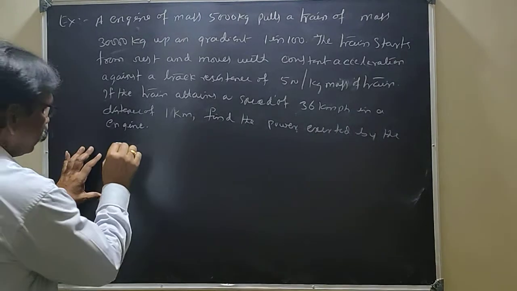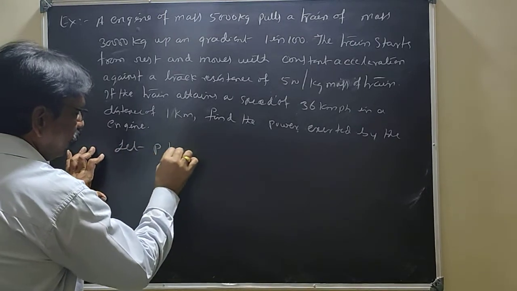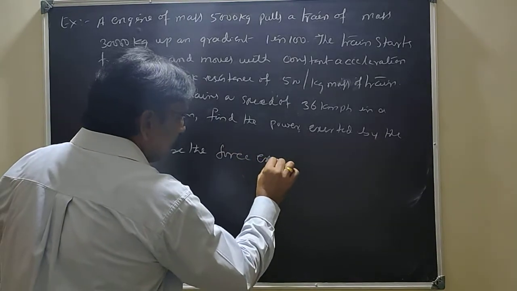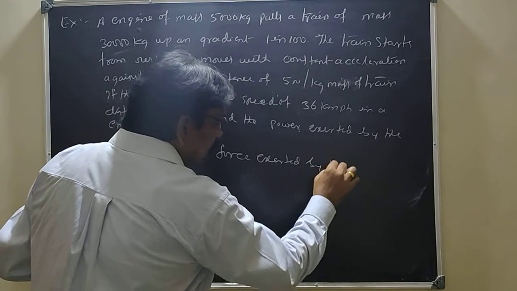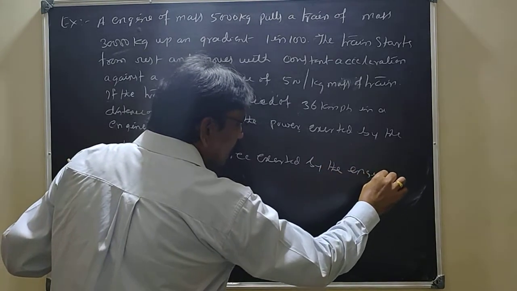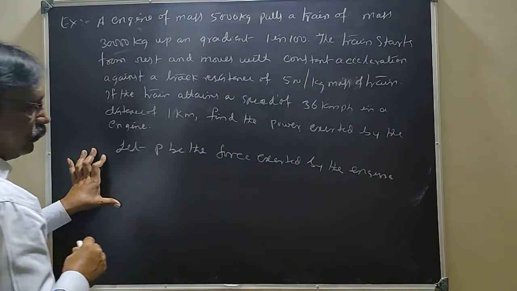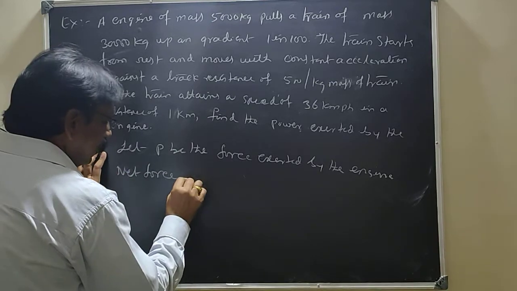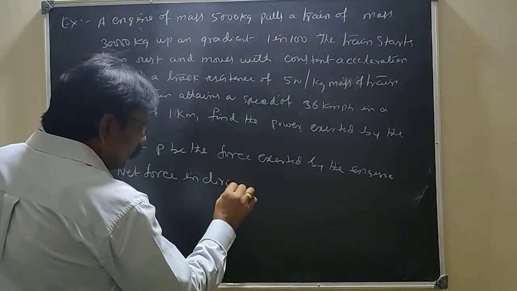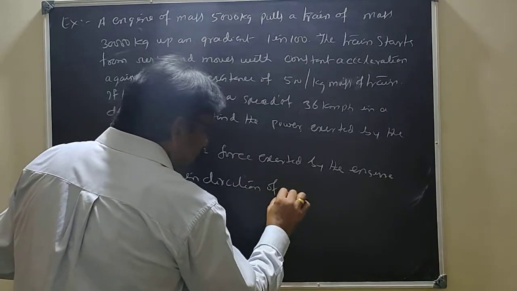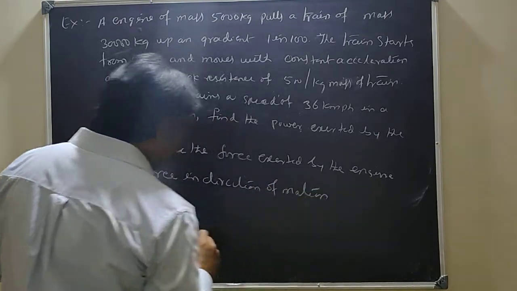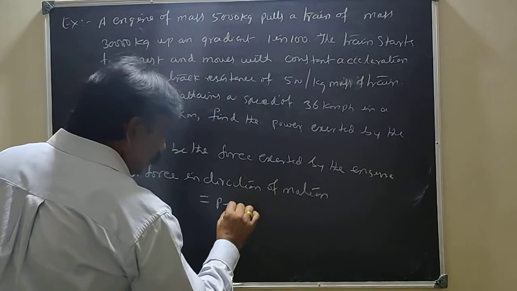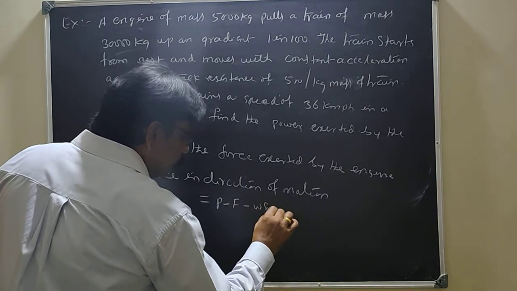So let P be the force exerted by the engine. Then the net force in the direction of motion at the moment will be P minus F minus W sin theta.